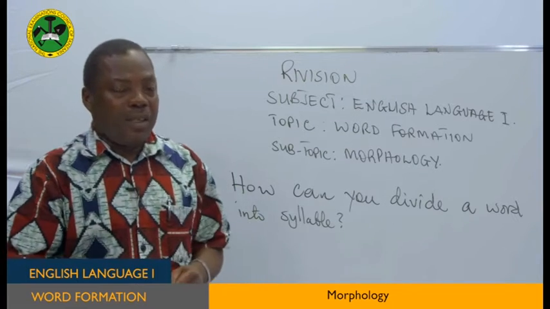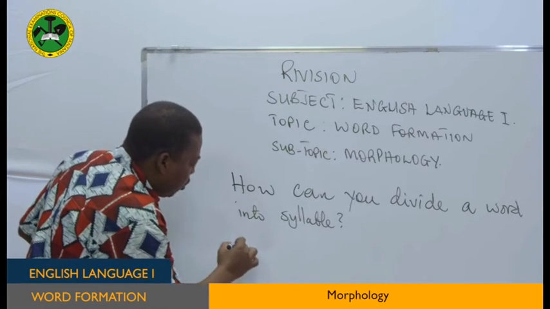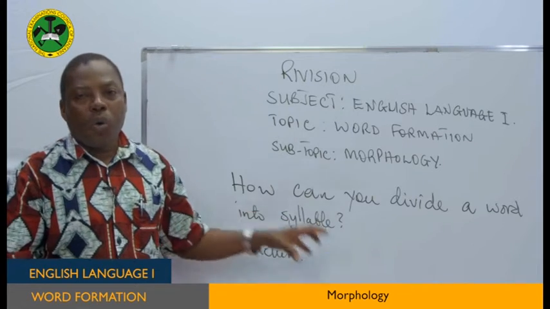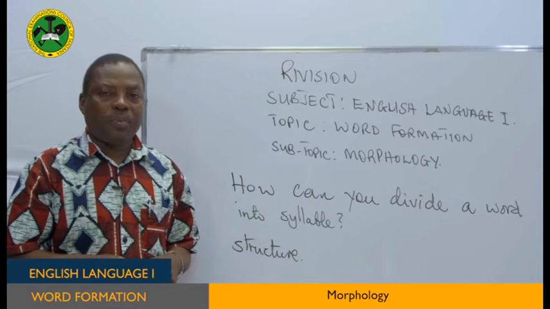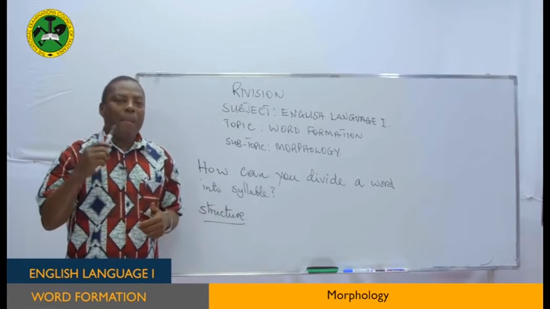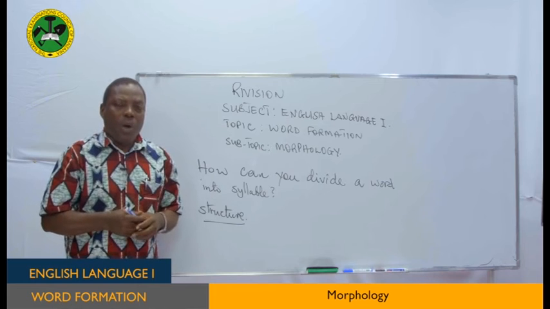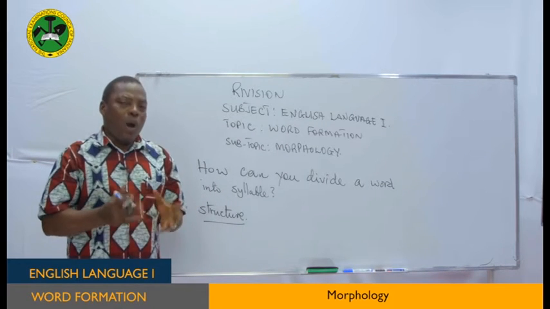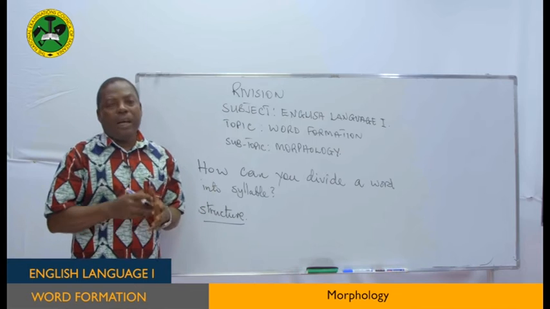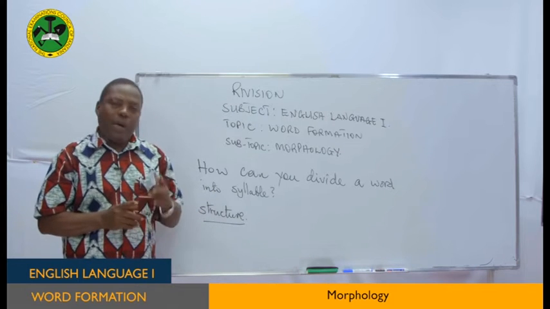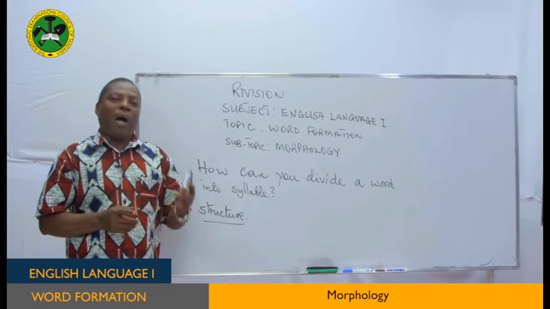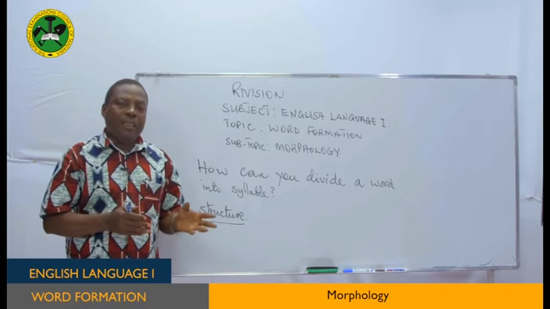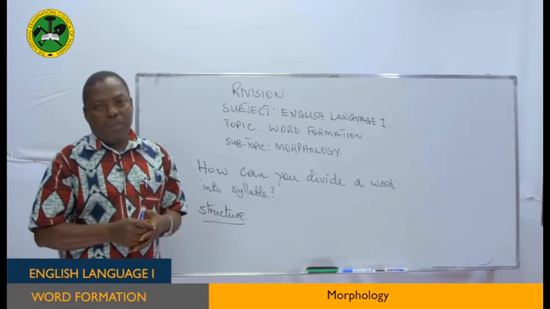In that case, our concentration will be on the structure of words. How a word has been built up. We all understand that whether it is spoken or written, a word has to have units. They could be letters and they could be sounds.